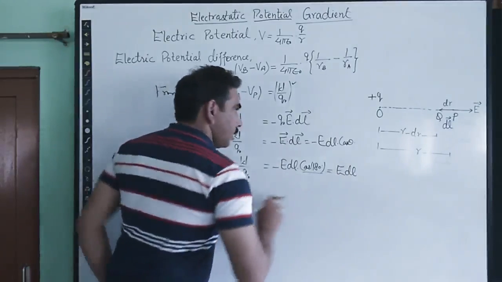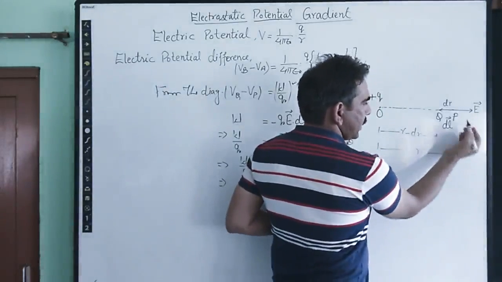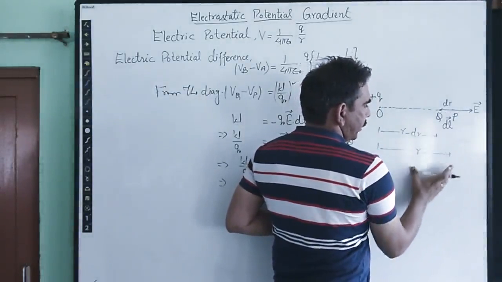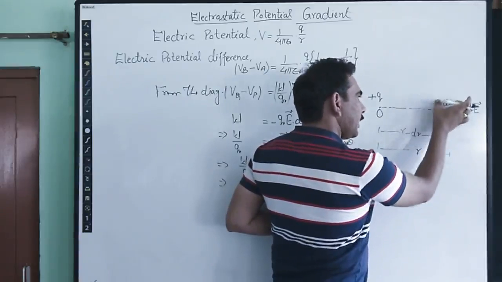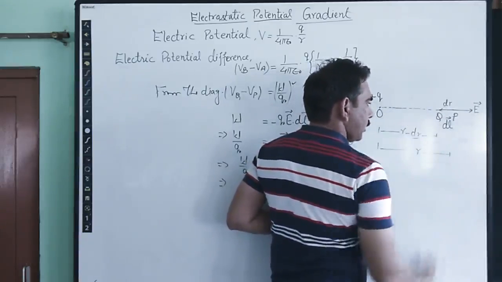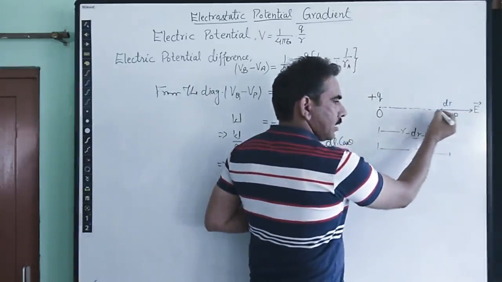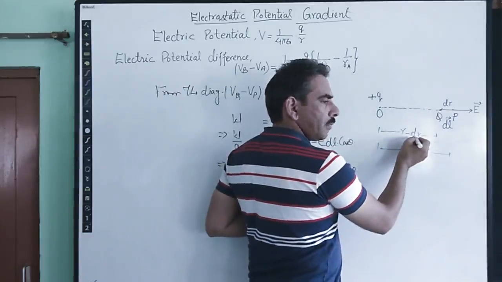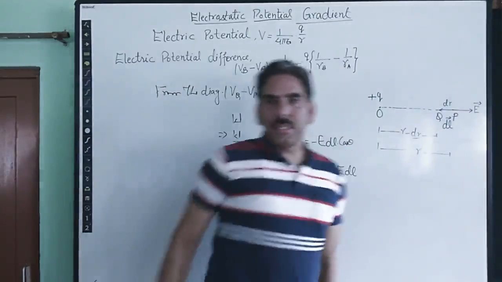Now let us focus again on this diagram. The displacement is taking place from P to Q, and therefore the position of the charge is also changing by an equal amount, which we represent as r. So it is dr. Because dl is increasing in this direction, dr is also increasing in the direction in which dl is increasing.